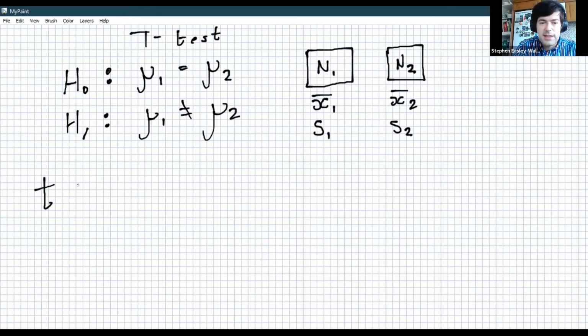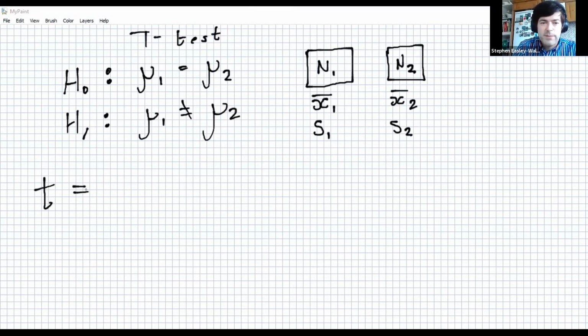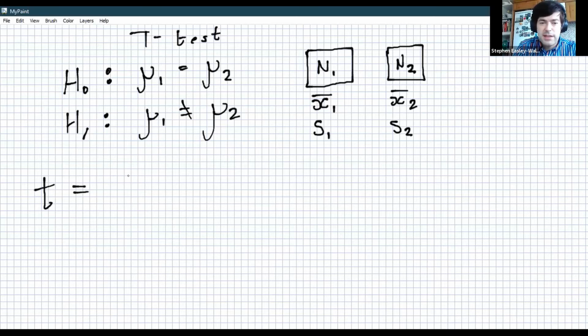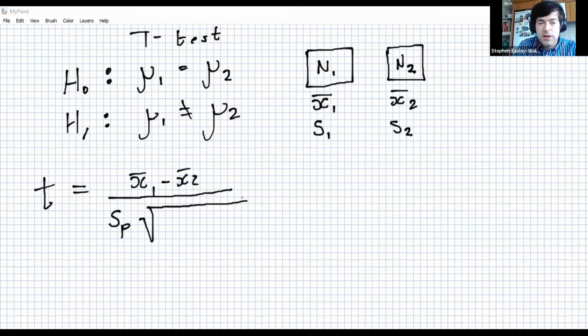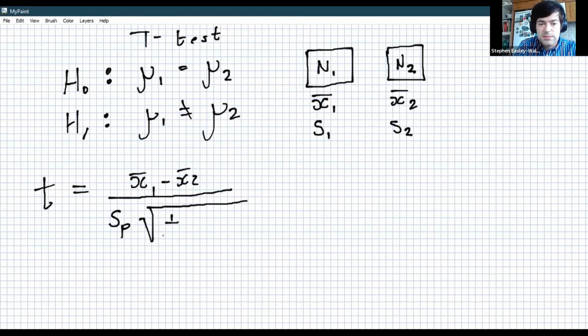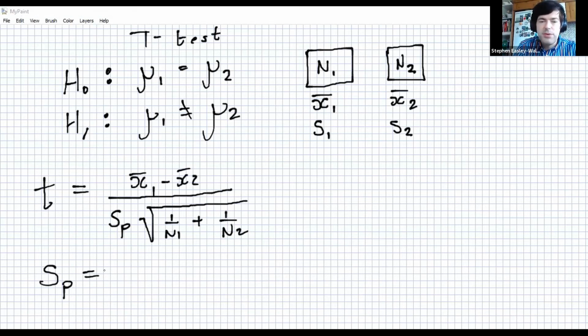And the t-test is going to be the difference in the two averages, 1 and 2, all over this term called SP, and I have to give you a formula for that, square root 1 over N1 plus 1 over N2. And then the SP formula, that's a term called the pooled variance.